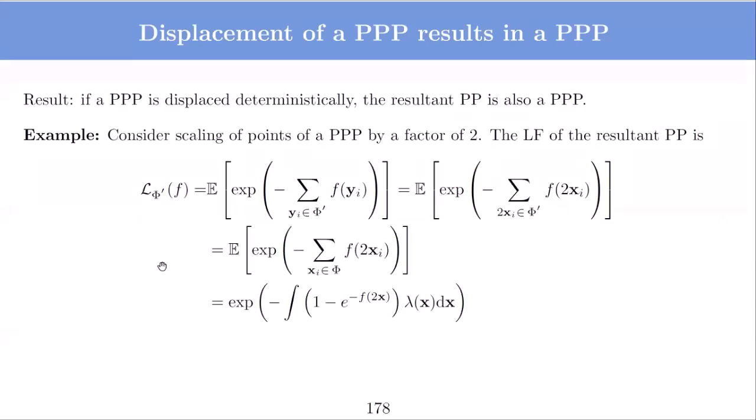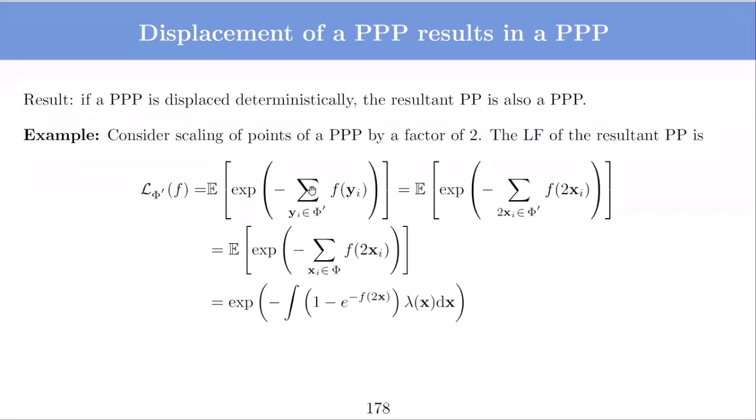Now again, as I said earlier, you can break this summation. Here y is 2xi, where xi belongs to phi, and y equals f(2xi). Then 2xi belongs to phi dash means xi belongs to phi. This is a one-to-one correspondence with the realization, so I can write this summation over the points of phi also.